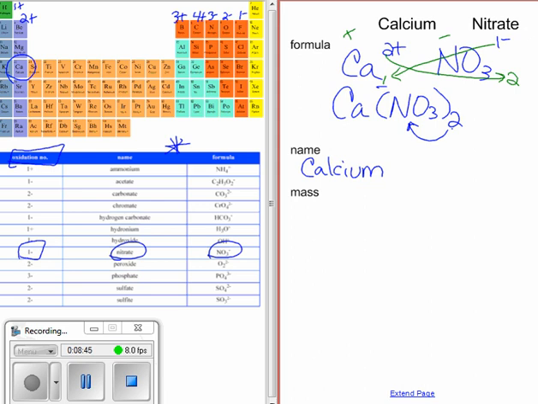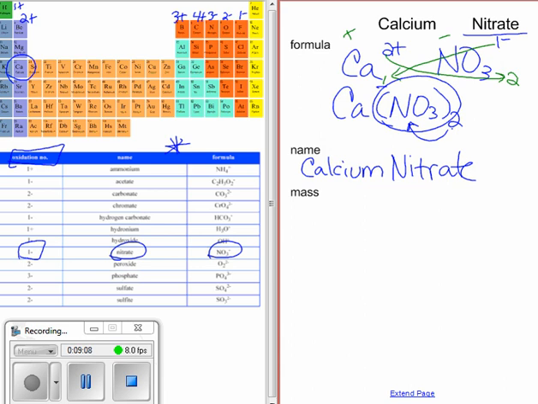So you use this entire unit and you simply call it nitrate. You don't have to change anything about the name of the ion. It stays exactly the same. So naming polyatomic ions is much easier. It's just calcium nitrate. There's no changing of the ending or anything.